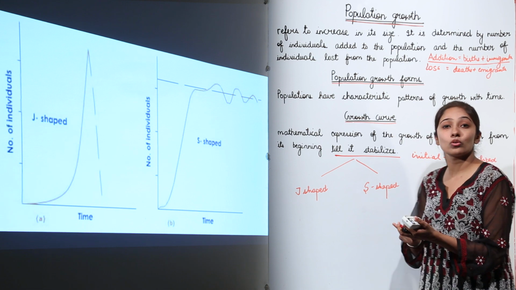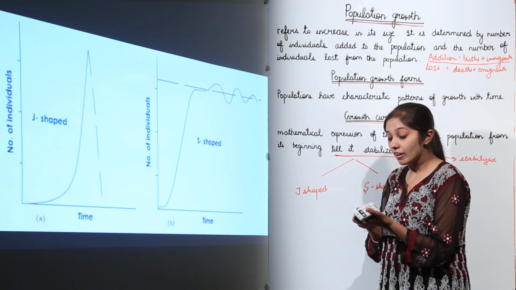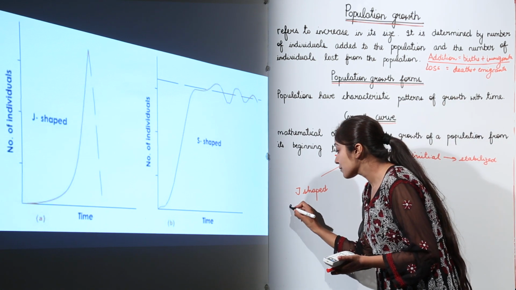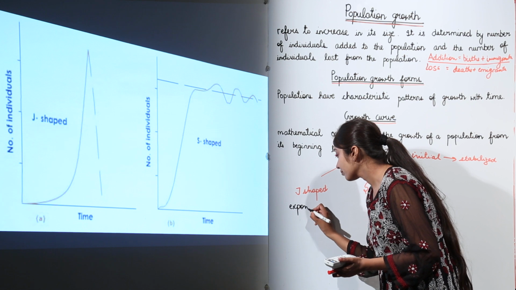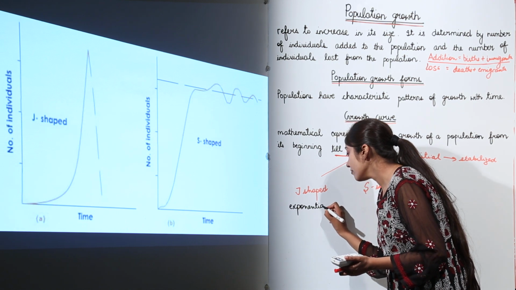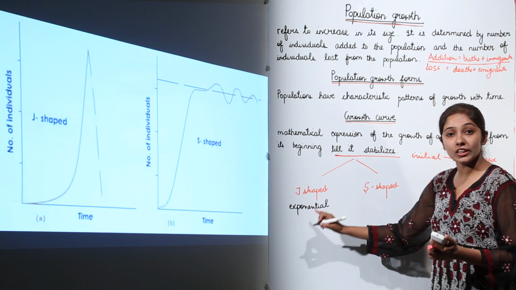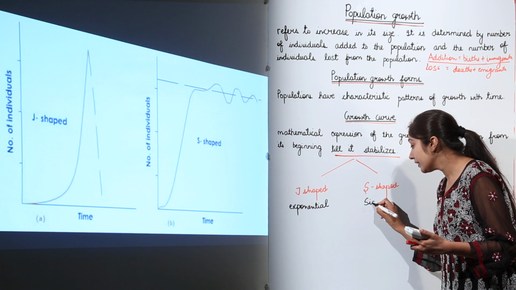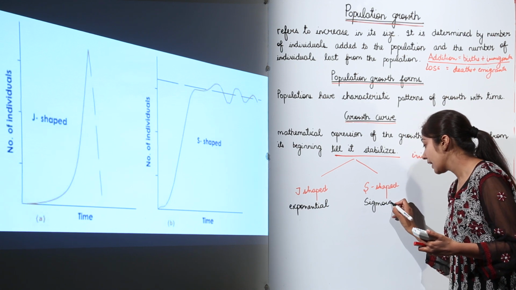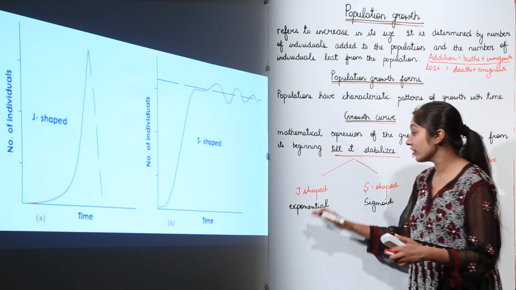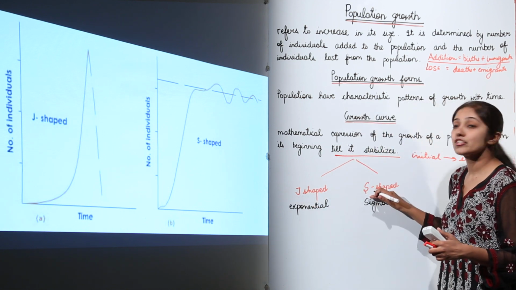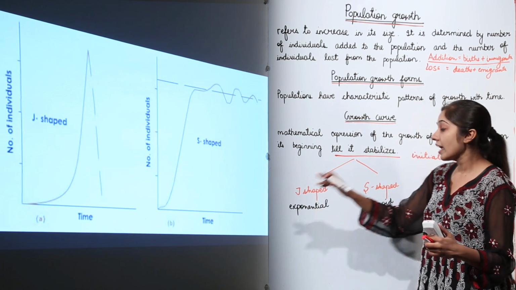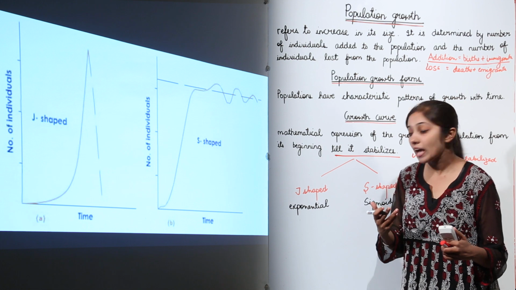The J-shaped growth curve is also known as the exponential growth curve, and the S-shaped growth curve is also known as the sigmoid growth curve. Remember these two different names.